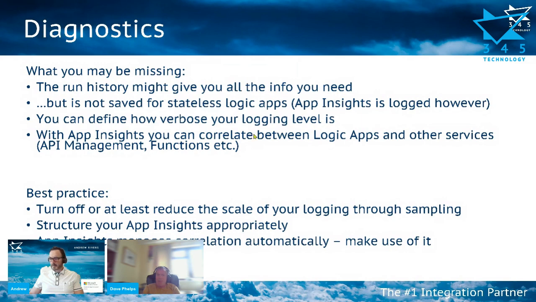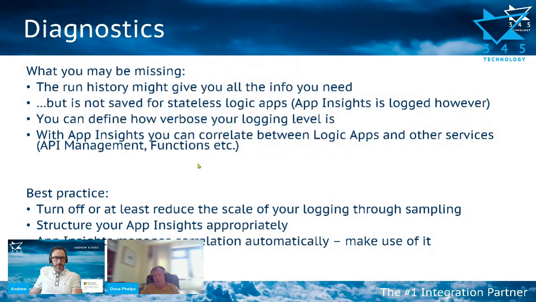But the sampling point is also really important. By default, if you look at the data that gets logged, quite a lot goes into the traces table, for example, in App Insights, but you can turn on sampling to reduce that. One thing that maybe isn't fully understood is that if you have an integration where App Insights is being used by multiple different services, you can enable sampling at different rates for the different services.